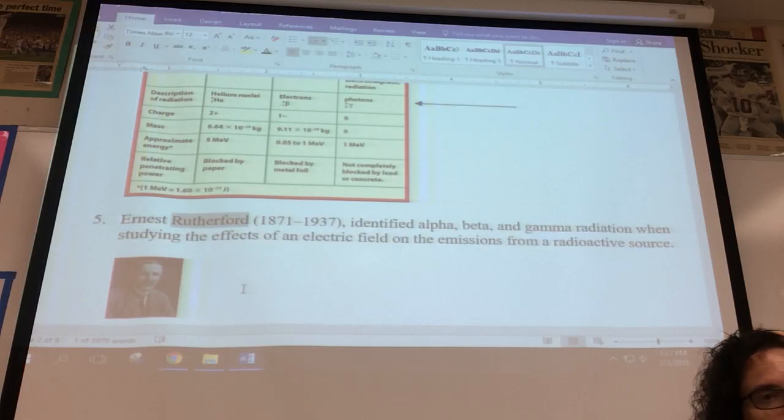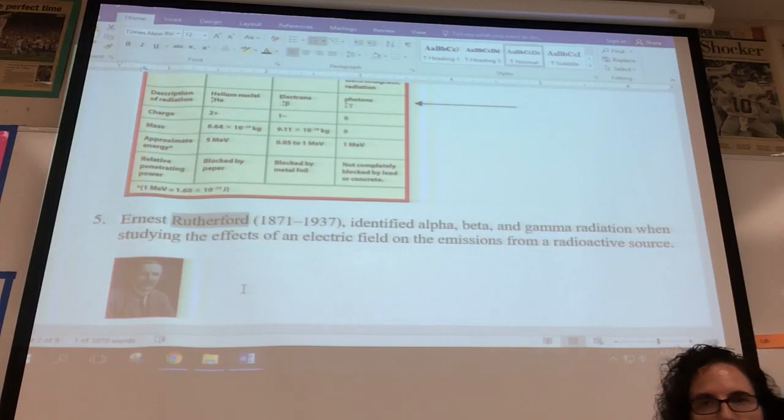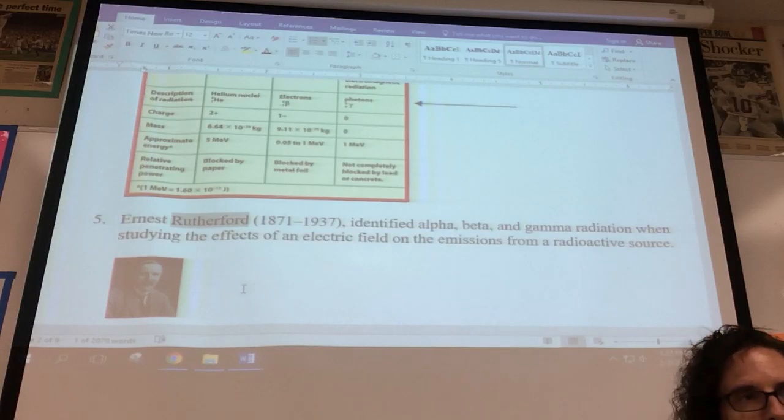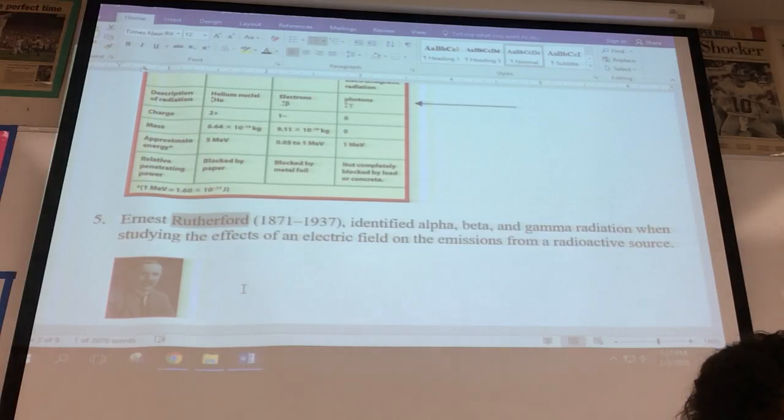Remember, with the gold foil experiment, Rutherford showed that the atom is mostly empty space, but there is a dense nuclear core where the protons are located. Later on, Irene Curie, the daughter of Marie Curie, along with James Chadwick, showed that the nucleus also contains neutral particles known as neutrons.